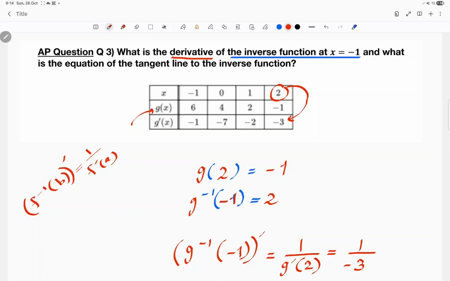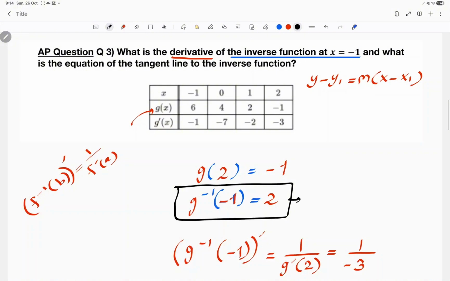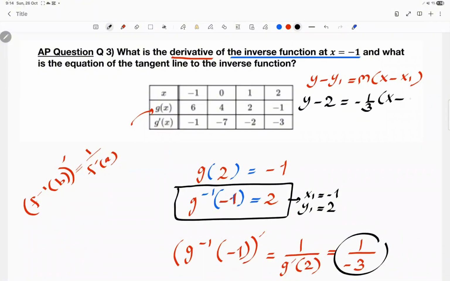Now they also want the equation of the tangent line to the inverse function. So you will do y minus y1 is equal to m times x minus x1. Now for the inverse function, right, the x1 is -1 and the y1 is a 2. So y minus y1 is equal to the slope -1/3 times x minus x1, which is again a -1.